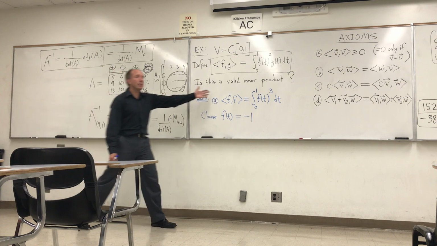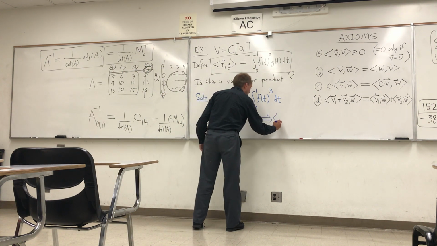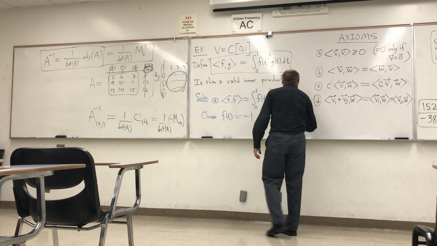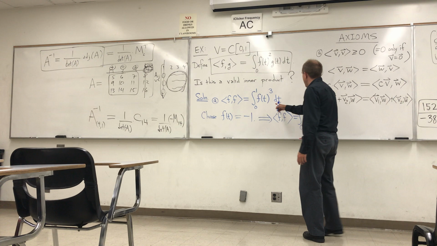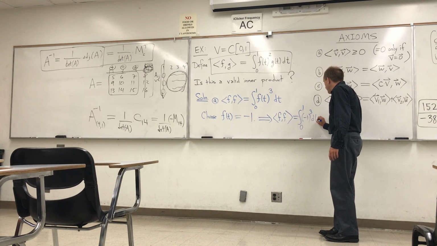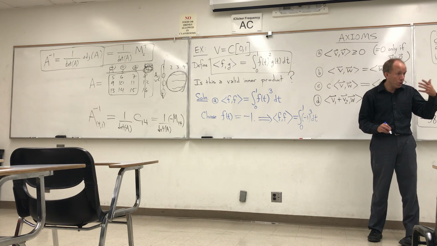Let's plug it into the integral. Under that assumption, the inner product of that function with itself is going to be the integral from 0 to 1 of (-1) cubed dt. And of course, (-1) cubed is just -1.